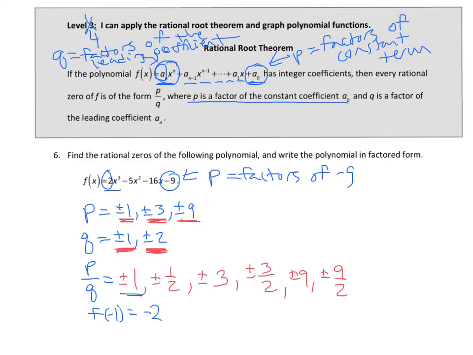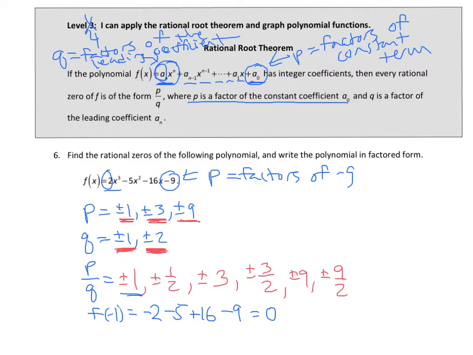When I plug in -1 to -5x squared, that's still going to be -5, and then I'm going to get plus 16 and minus 9. Does that equal 0? This time, yes, it does. So negative 1 is one of the zeros of the polynomial.